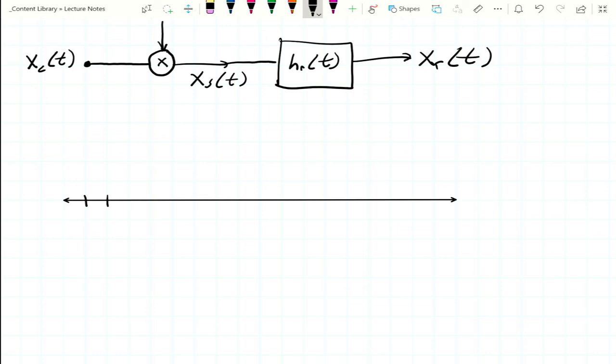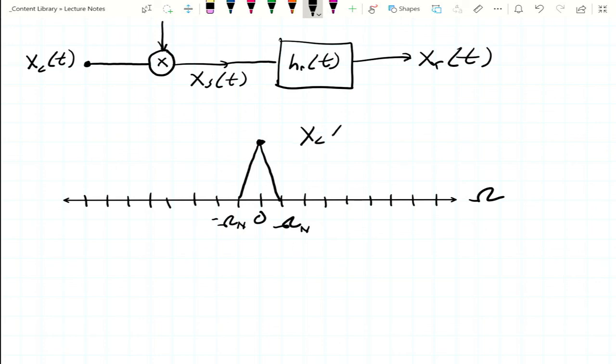So, let's say that we start with the same signal, same frequency content that we had before. We'll call that 0. Make it a little bit smaller. So omega n, minus omega n. That's our continuous time signal, basically the same one that we saw before.